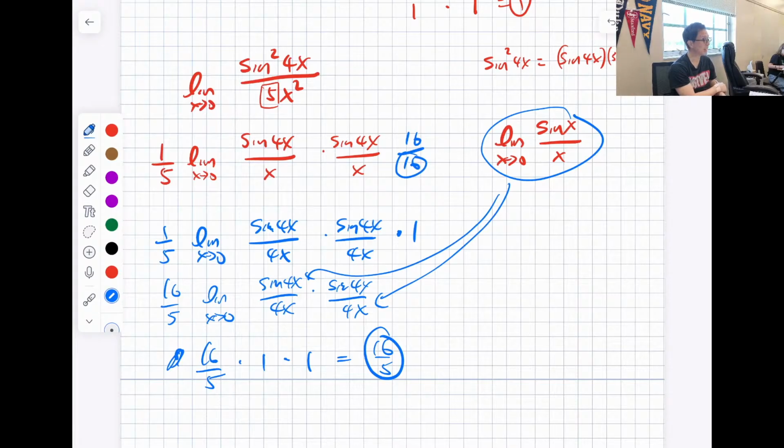Your homework may have trig identities you had to work with, so it's kind of hard.